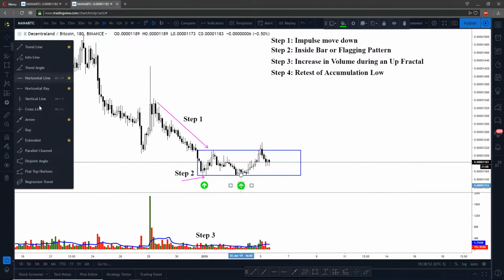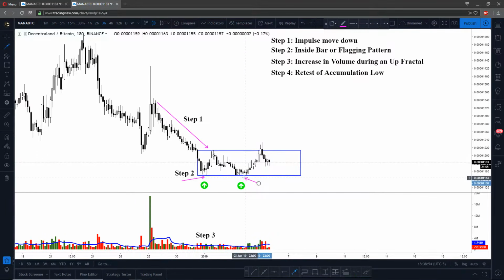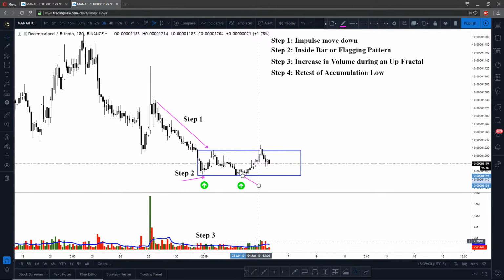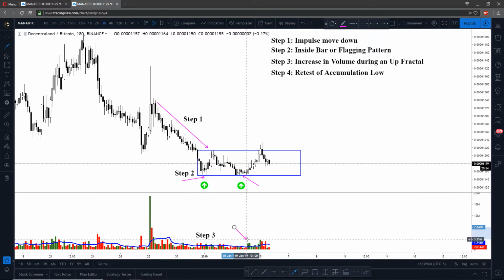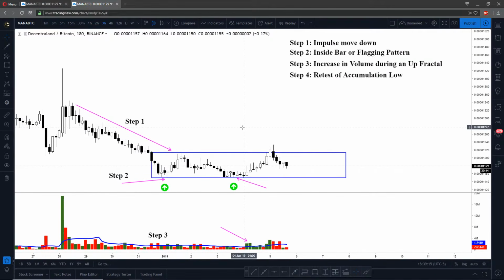We have the retest of the accumulation low, and it holds on good volume. So we see an increase in volume here. And we see another up fractal. This low here, we zoom in.